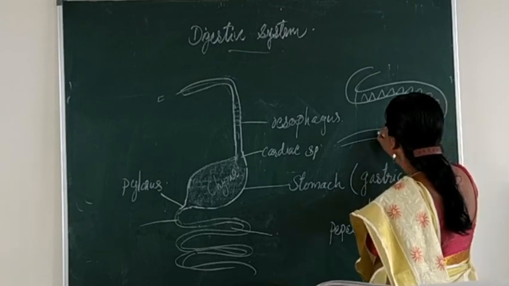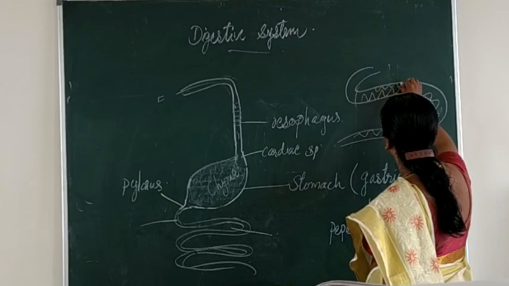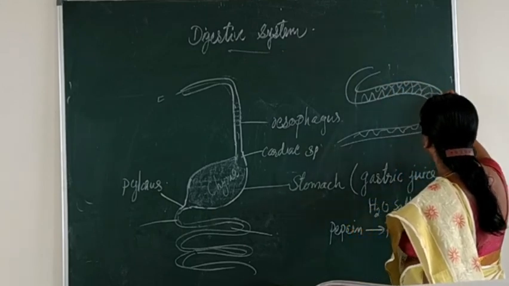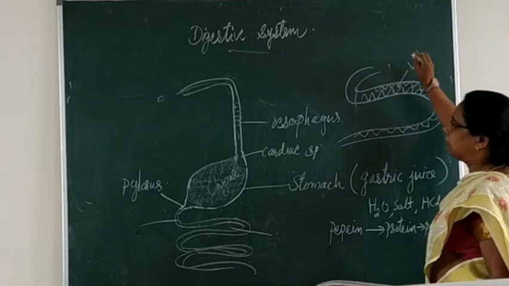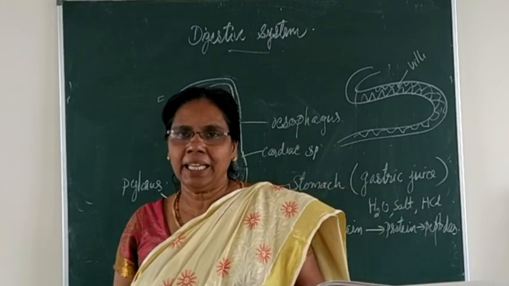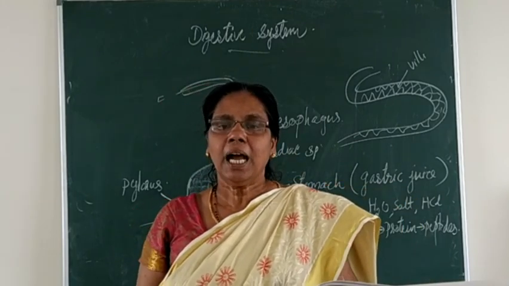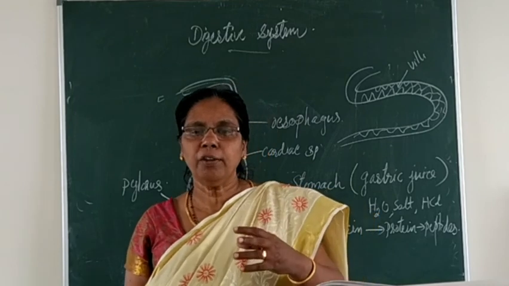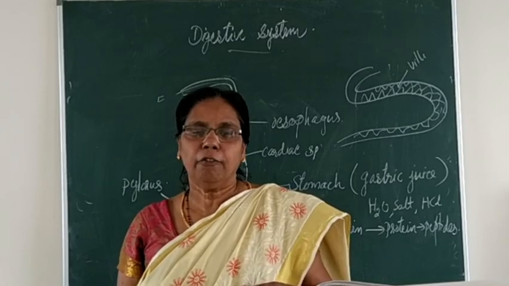Like this, on both sides, small finger-like projections, and these finger-like projections are called villi. So these finger-like projections increase the area, so that it enables a larger absorption of the food. The continuous folding is nothing but villi.